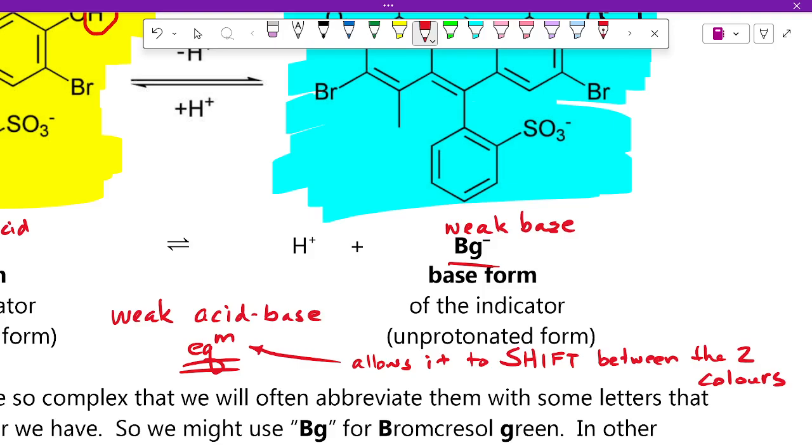So if we know the particular indicator, we might give it BG for bromcresol green. We might use MV for methyl violet. If we just know it's an indicator, we can just use IN or IND for indicator.